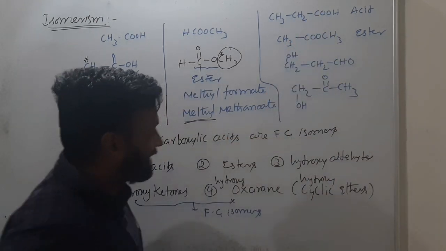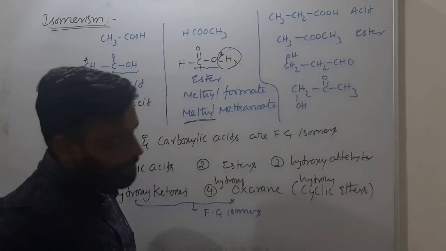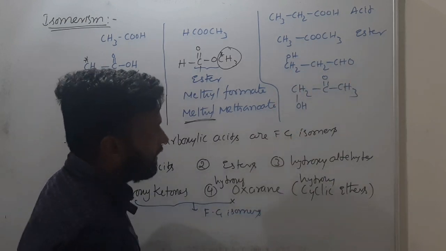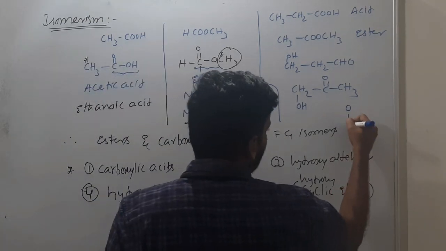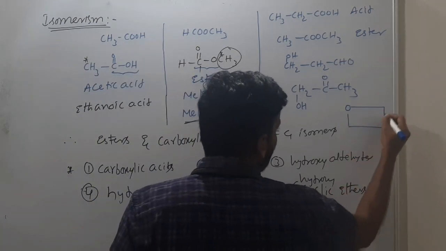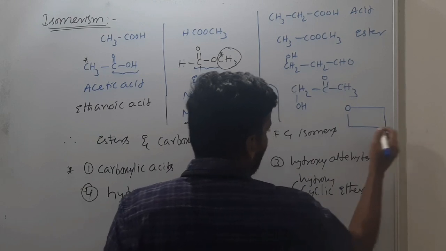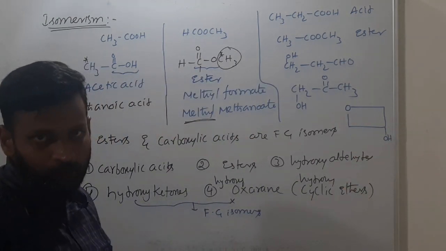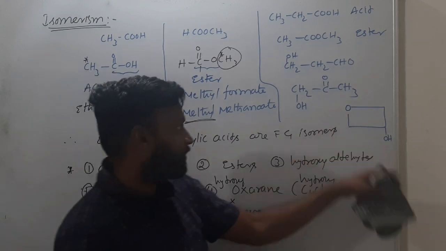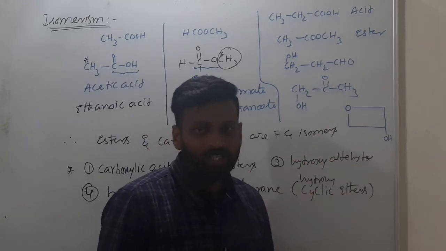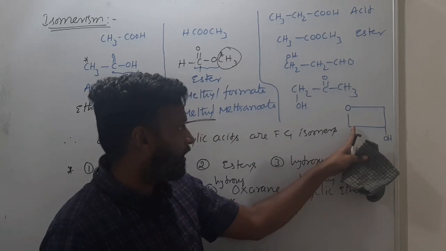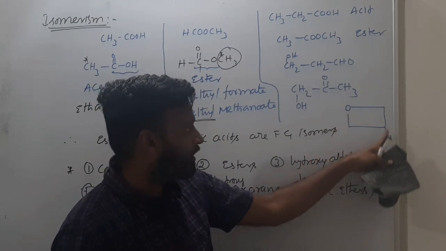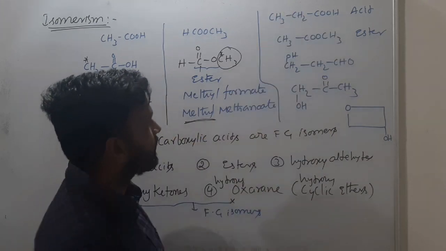See: carboxylic acid, ester, hydroxyaldehyde, hydroxyketone, and one more, oxygen like this, and somewhere you have OH like this. This is called hydroxyoxirin, epoxide we call oxirins. So hydroxyoxirin, and you have CH2, CHOH, CH2OH. All have the same formula, you can check.